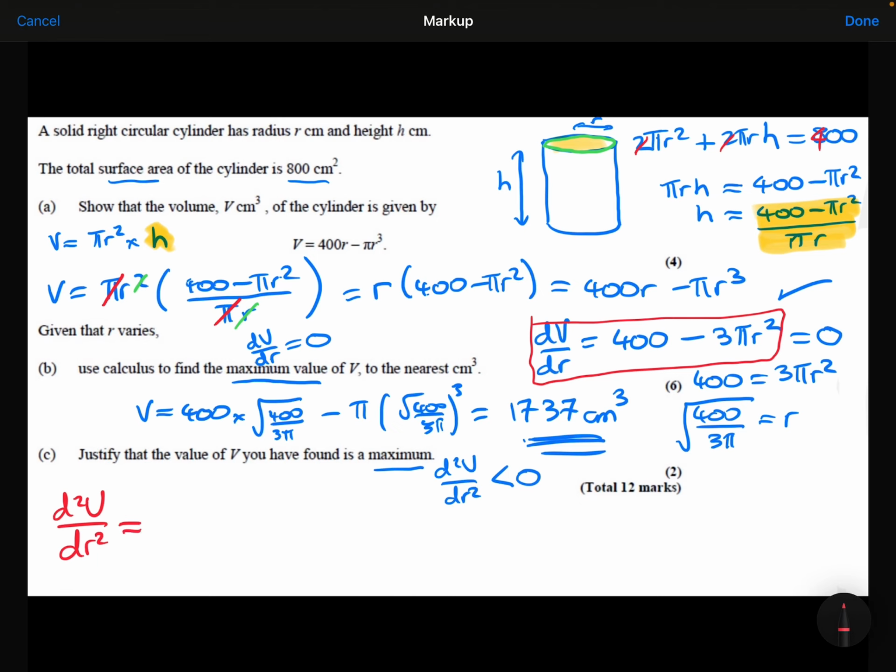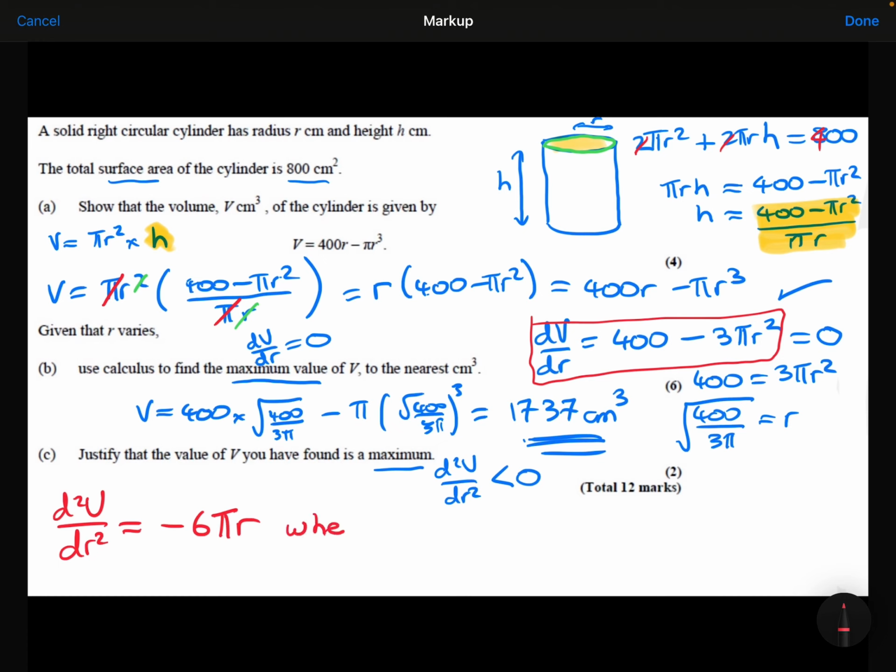When I differentiate the 400, that will just be 0 because it's a constant and doesn't change. And when I differentiate the minus 3 pi r squared, I'm going to get minus 6 pi r.